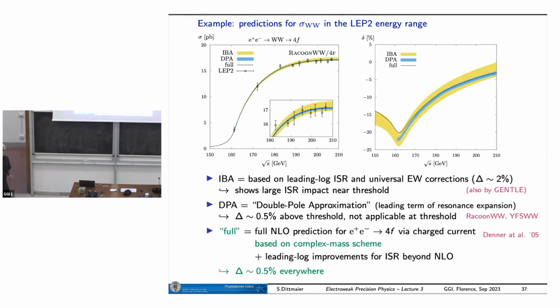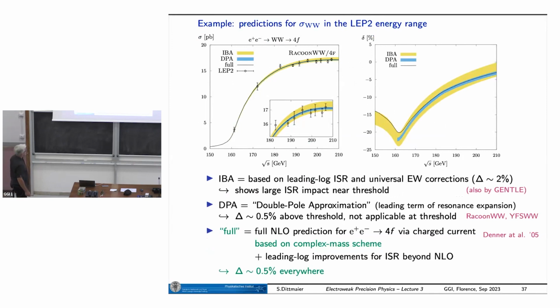Just one example, almost close to the end. This is still LEP physics, e+ e- to four fermions via a W boson pair. I have shown you, I think, in one of the previous lectures, a similar curve here, where LEP data were compared with the predictions at the time.